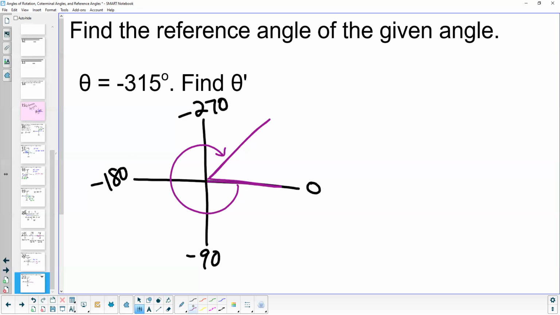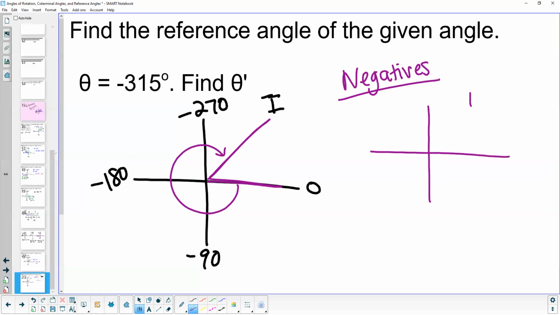Now notice, we here are in quadrant 1. And when we're in quadrant 1 here, if we're using these negative angles, then we actually need to take into account how far away it is from 360. So the rules kind of go backwards. If we want to use the negatives, then our rules are going to change.